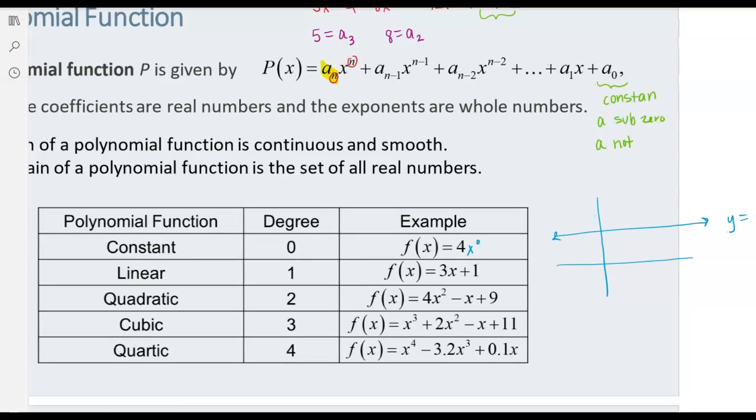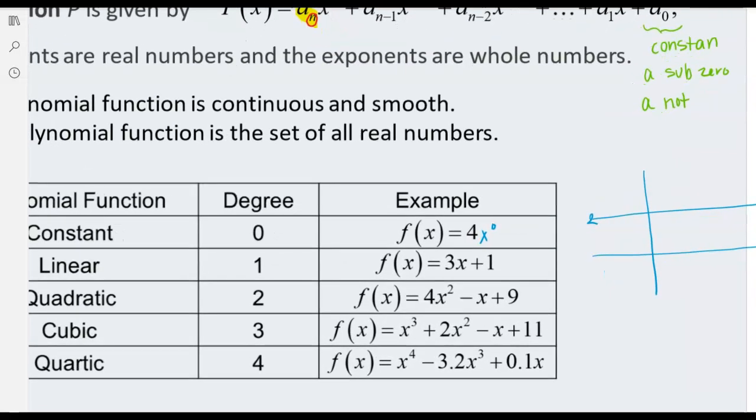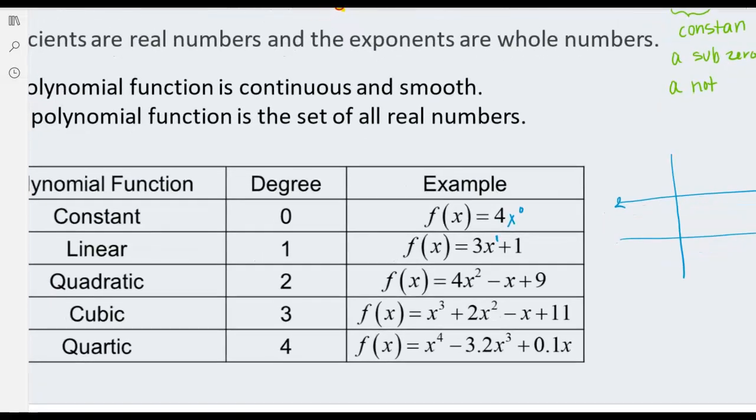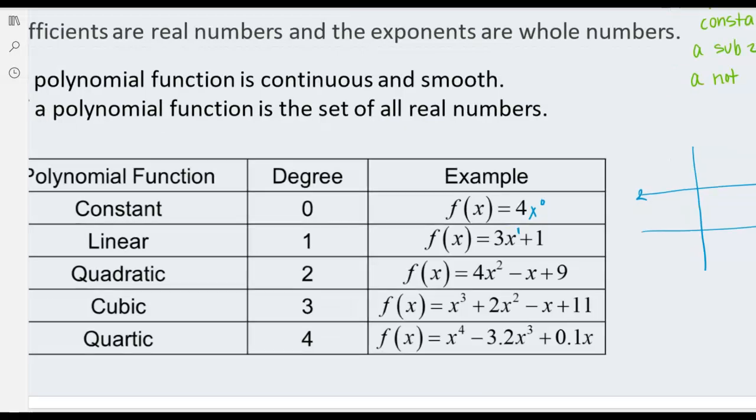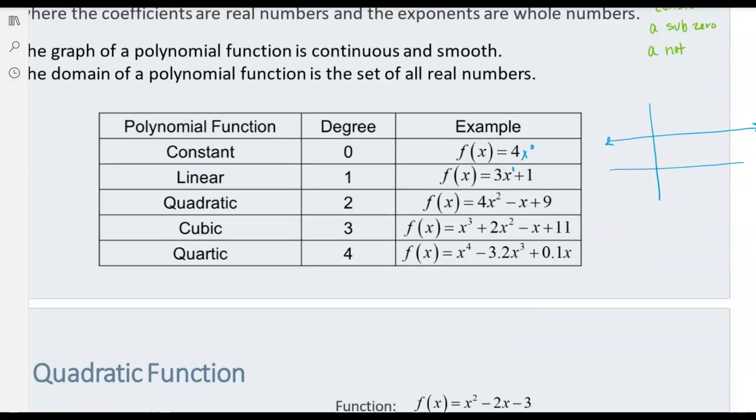When the highest degree of the polynomial is 1, it's a linear function. It's going to be a straight line. In the last chapter, we talked about things that are raised to the second power being quadratics. And then we have cubics and quartics and things going up. We would just say x to the fifth power or sixth power, a degree 6 polynomial, for example, as we move into higher powers.